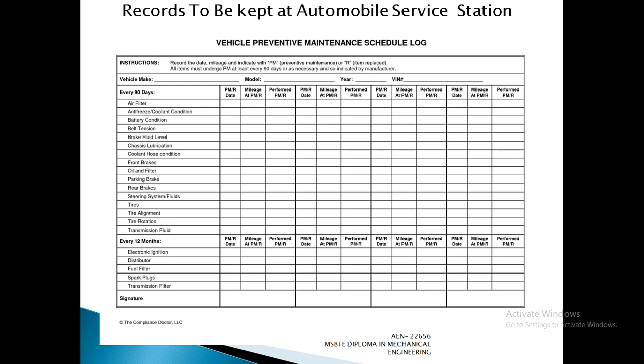This log is kept for 90 days for the above different factors, and for every 12 months the below different factors are to be checked, and the service manager has to countersign below.